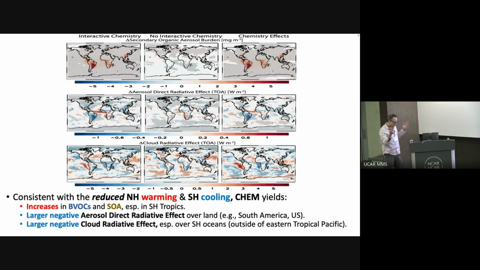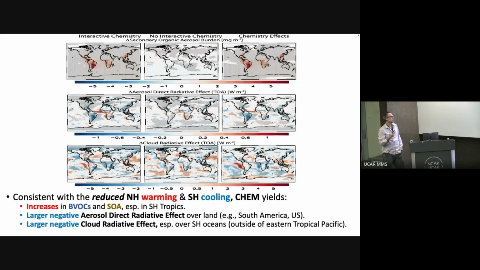We can look at a broader view now. Again, interactive chemistry is on the left, no interactive chemistry is in the middle, and the chemistry effect is on the right. The first row shows the change in secondary organic aerosol burden. As expected, there's a large increase due to the chemistry effect, largely in the southern hemisphere.